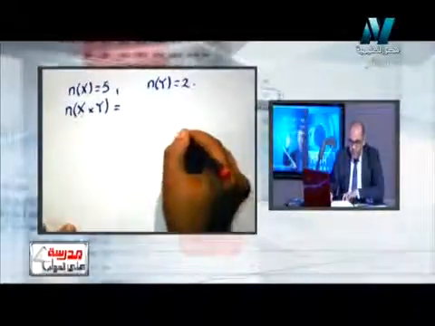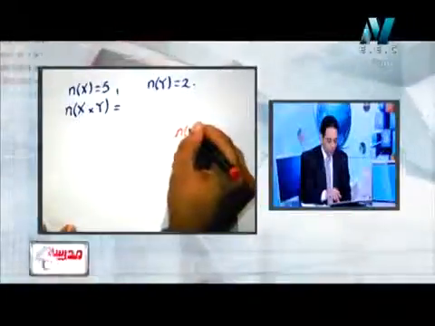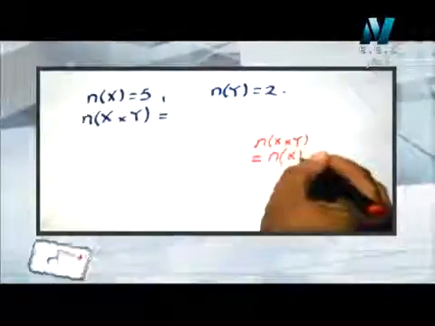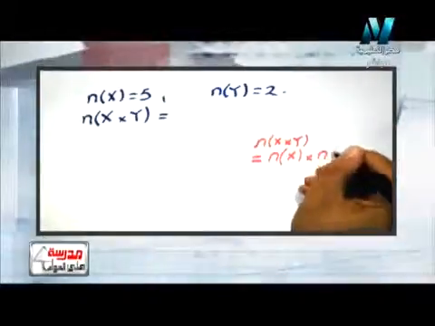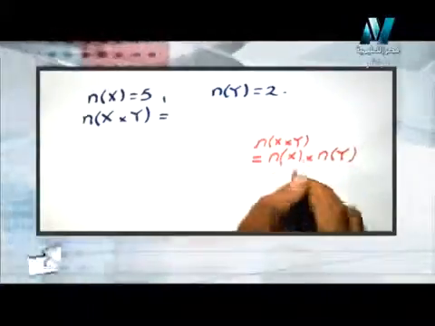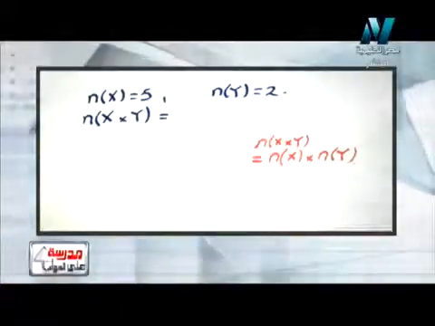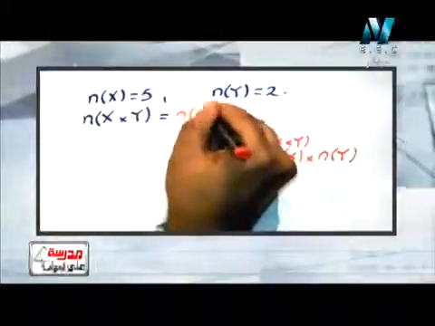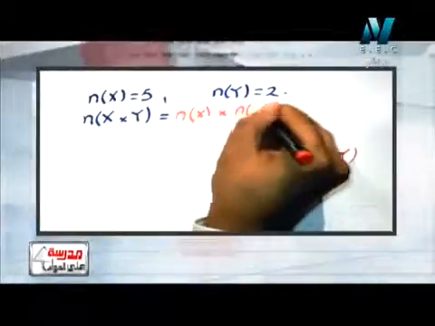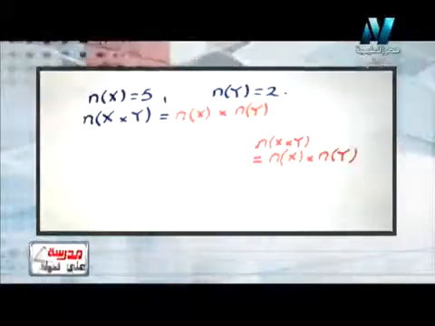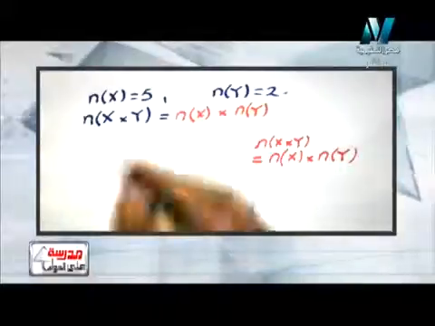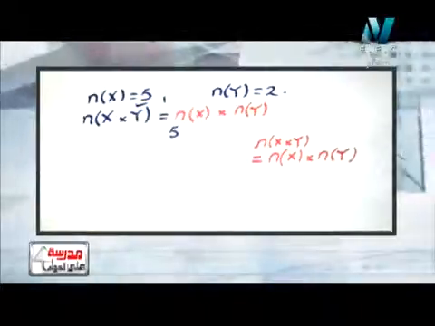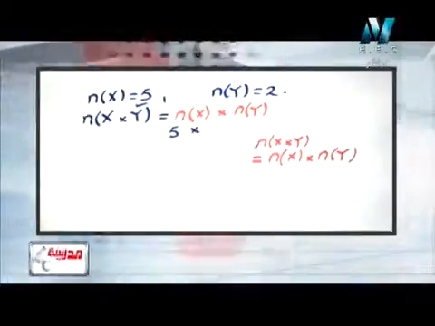Let's remember this note. We have n of X product Y equals n of X times n of Y. This means we can multiply the number of elements of X times the number of elements of Y. You can replace n of X by the number of elements of X, which is 5, and multiply by the number of elements of Y, which is 2.